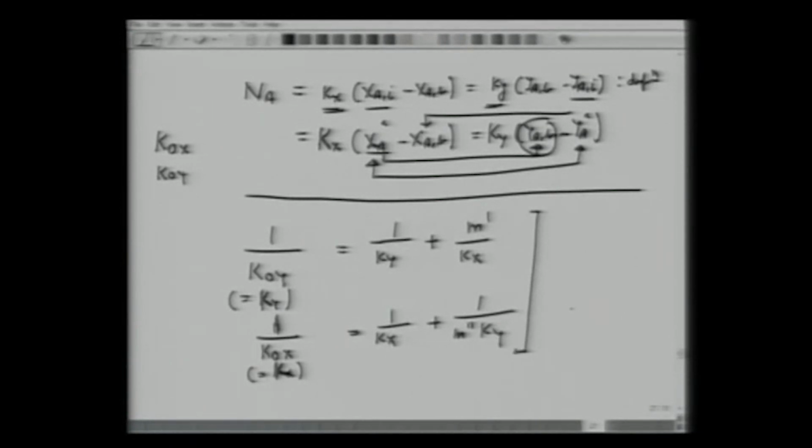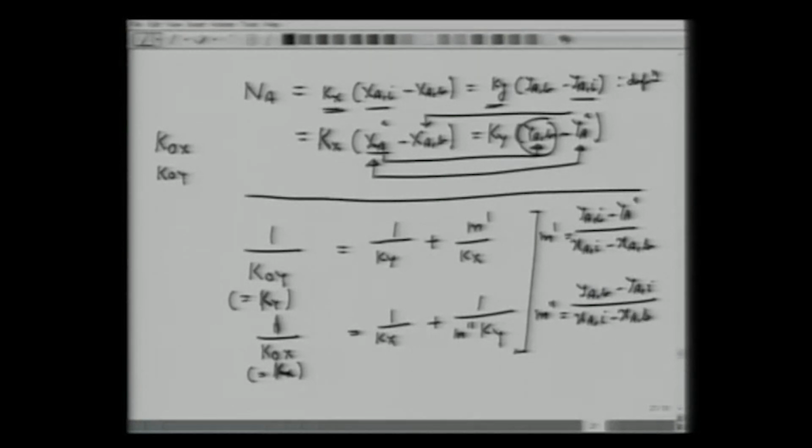Where m prime is given as (YAI minus YA star) over (XAI minus XAB). Similarly, m double prime equals (YAB minus YAI) over (XAI minus XAB).